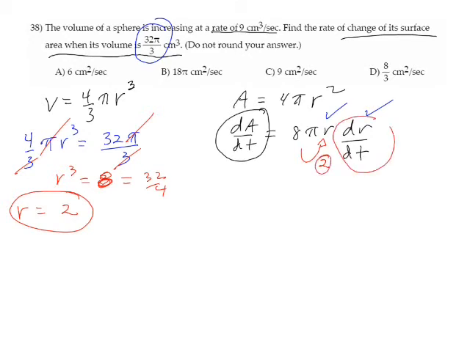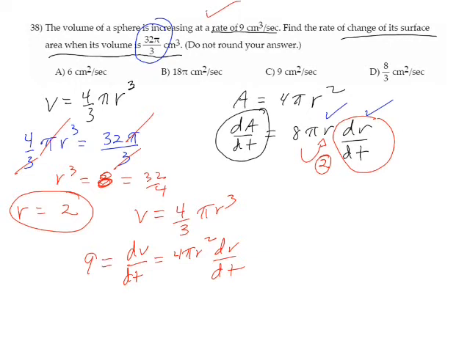So how are we going to get dr/dt? Well, to get dr/dt, we got to look at the rate at which the volume is increasing. Going back to our volume equation, volume is equal to 4/3 pi r cubed. So dV/dt is equal to 4 pi r squared dr/dt. dV/dt is 9. r is equal to 2.